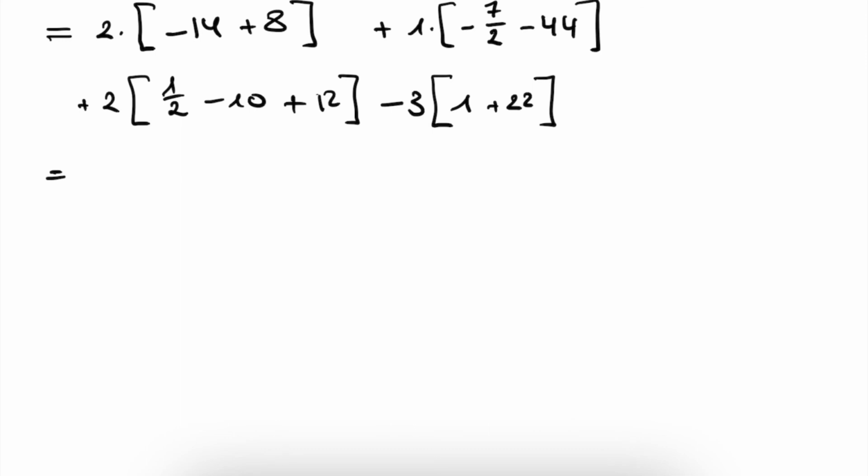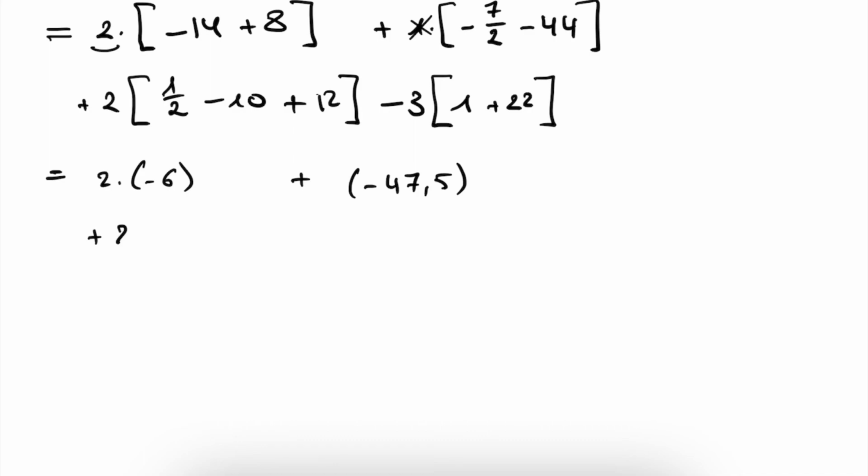So we get 2 times minus 14 plus 8 is minus 6. So we get 2 times minus 6 plus 1 times, so this 1 can drop. We have minus 7 over 2 minus 44, which is minus 47.5, because 7 over 2 is minus 3.5.